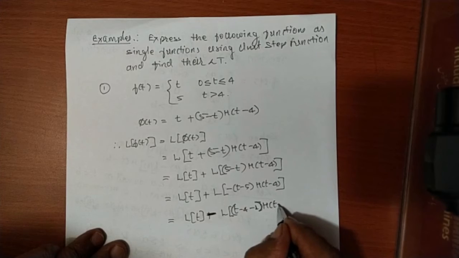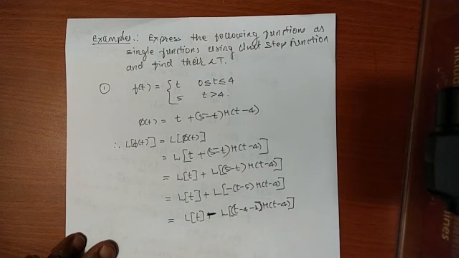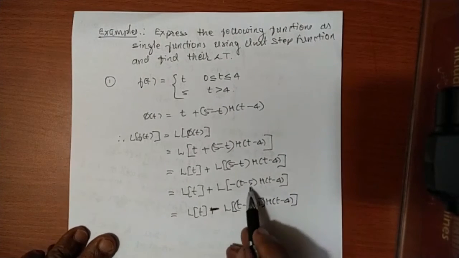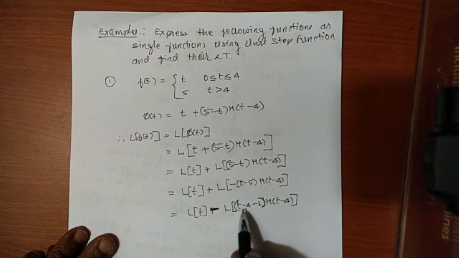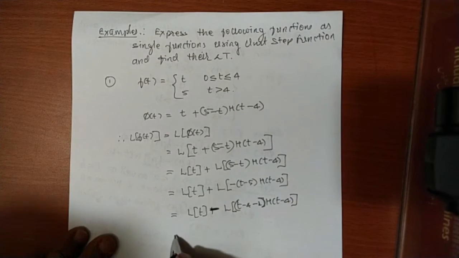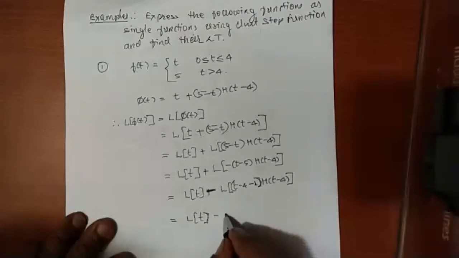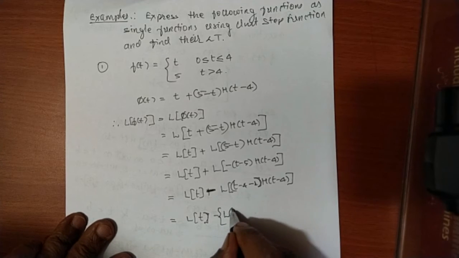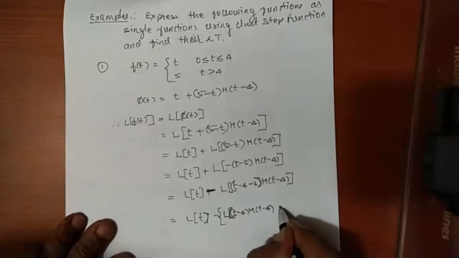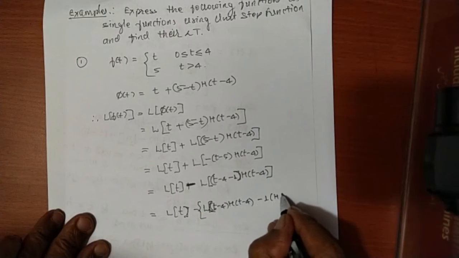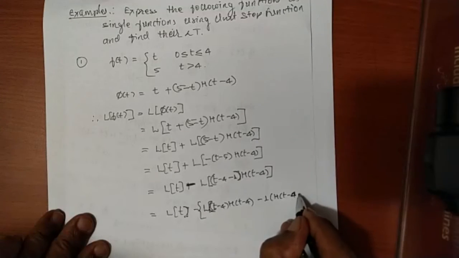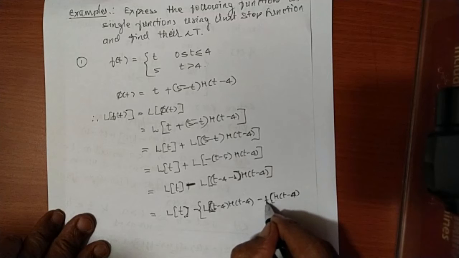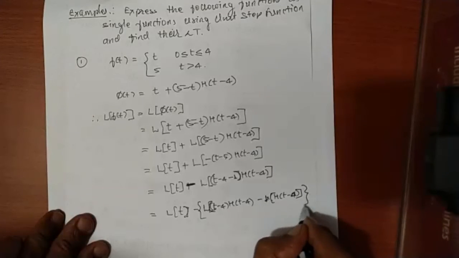So this will be equal to L of t minus L of (t minus 4 minus 1) times h of t minus 4. I just do this to make it a function of t minus 4. So this is L of t minus L of (t minus 4) times h of t minus 4, minus L of 1 times h of t minus 4.